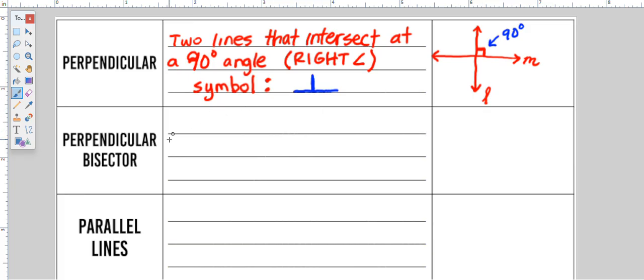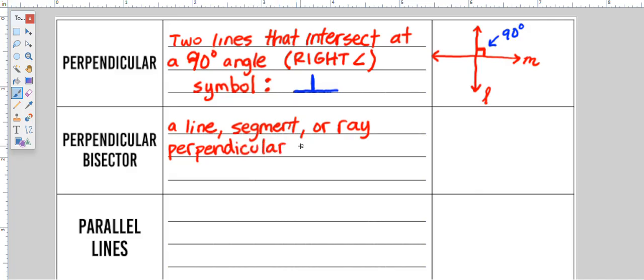A perpendicular bisector occurs when a line, segment, or ray is perpendicular to a segment at its midpoint.